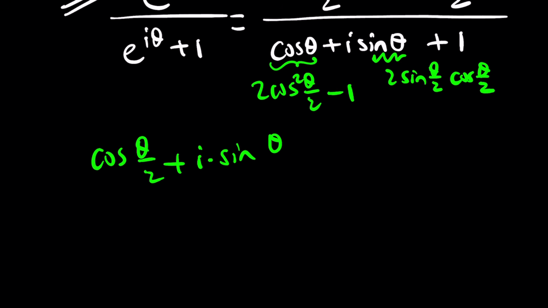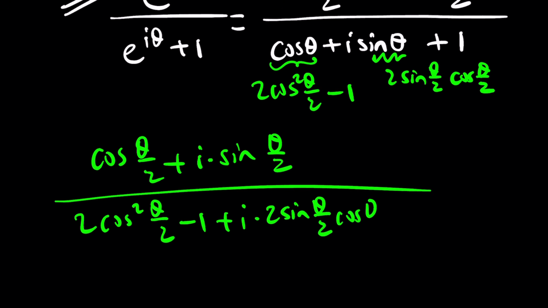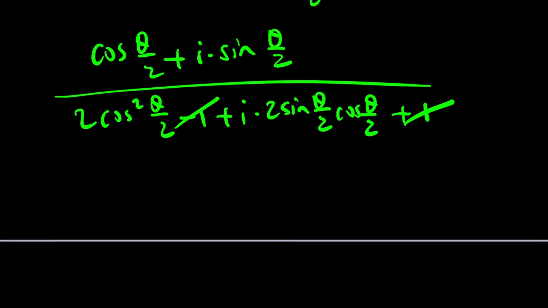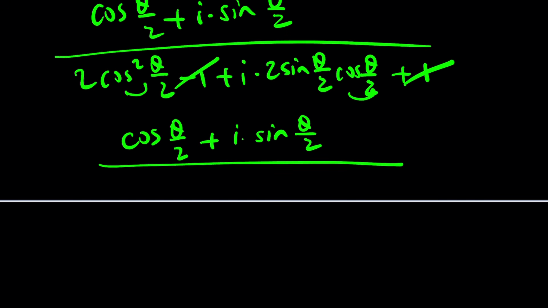I'm going to keep the numerator. In the denominator, I have 2 cosine squared theta over 2 minus 1 plus i times 2 sine theta over 2 cosine theta over 2 plus 1. The minus 1 and the plus 1 are going to cancel out. And now we have a common factor, cosine theta over 2. So we're going to write this again: cosine theta over 2 plus i sine theta over 2 divided by, we're going to factor out 2 cosine theta over 2.